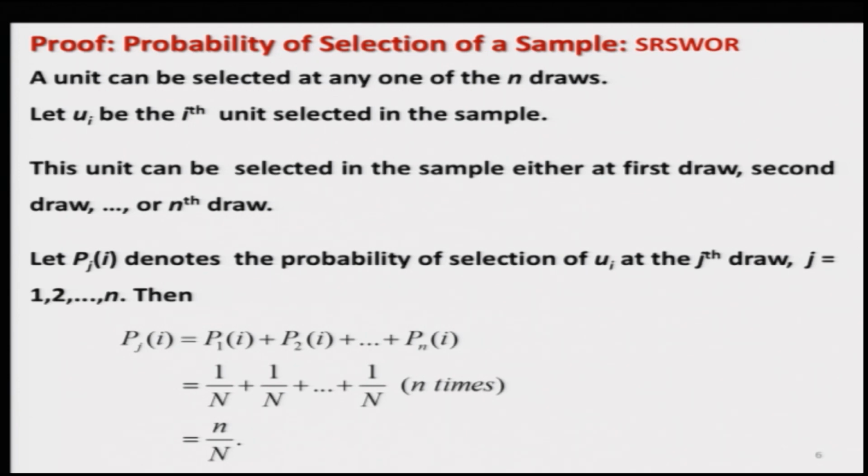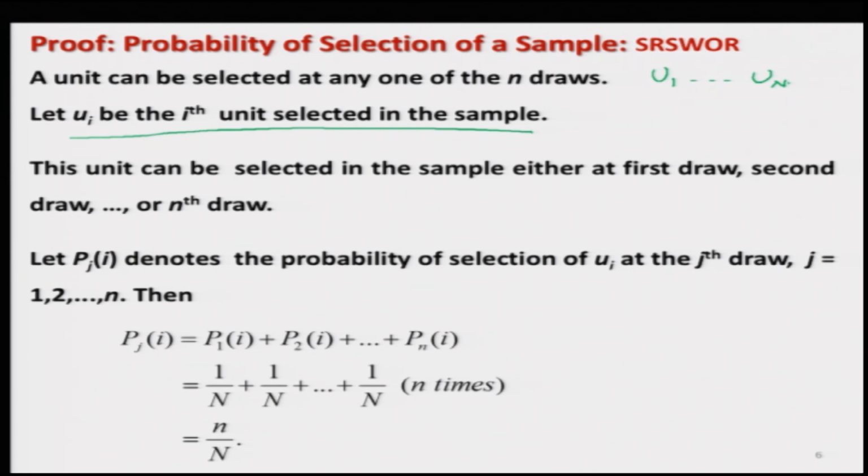Now, I have a population of size N, and the units are denoted by U1, U2, up to capital UN. Units are simply the units, and there is no random variable attached to these units. Now we denote by Ui the ith unit which is to be selected in the sample.